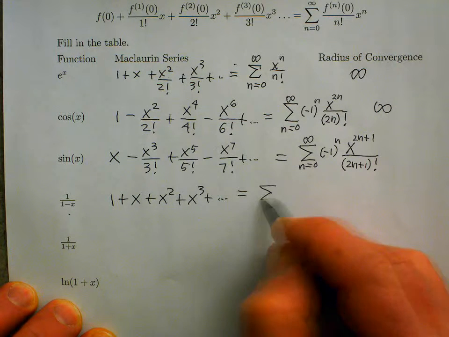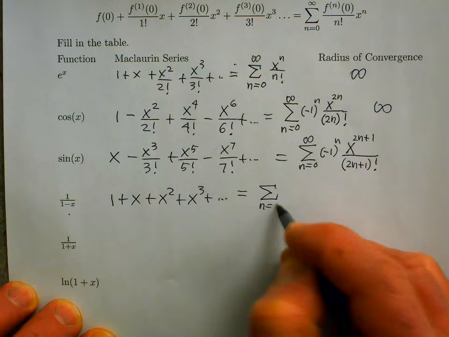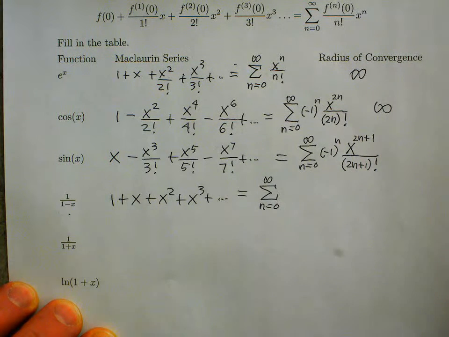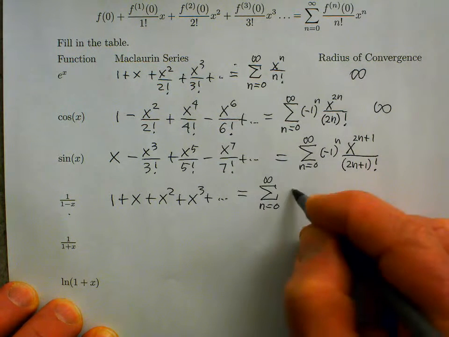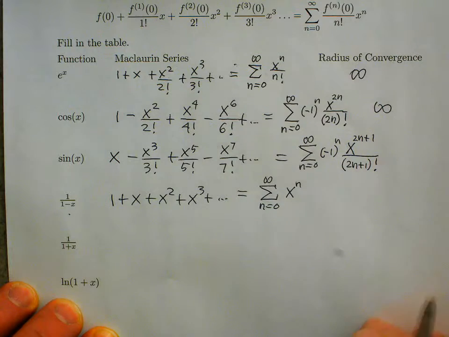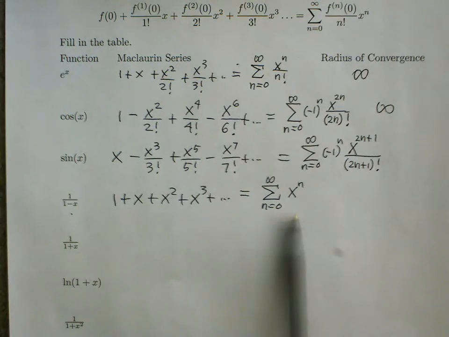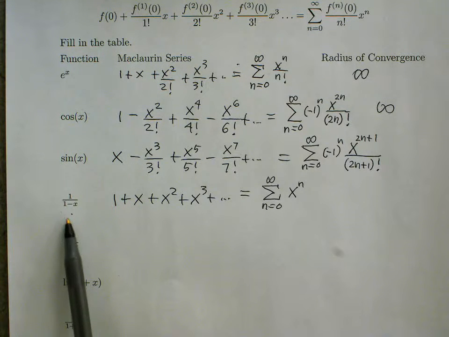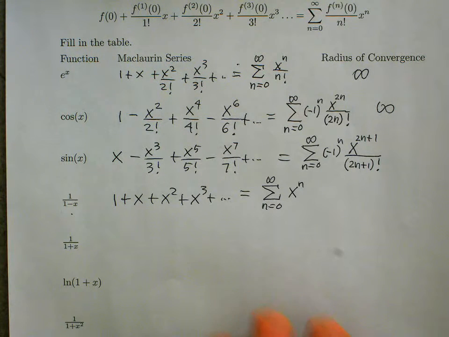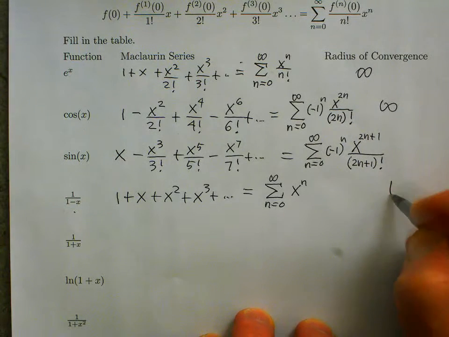In sigma notation, from n equals 0 to infinity, the terms are x to the n. The radius of convergence for the series of 1 over 1 minus x is 1. Remember, the absolute value of x is less than 1, so the radius of convergence is 1.